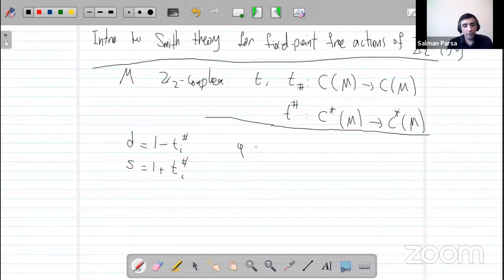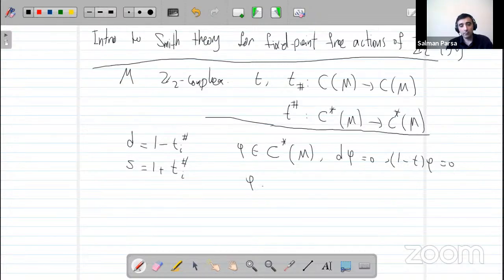Now let's have some phi in some cochain group. If D of phi is 0, then phi is T phi. What does this mean? This means that for any chain C, phi of C equals phi of T of C. So essentially phi is equivariant. It gives the same value to chains in the orbit of T, the orbit of Z2.